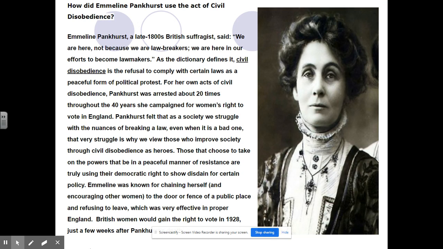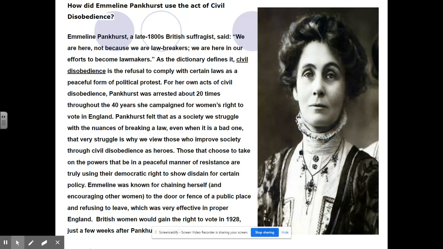As the definition defines it, civil disobedience is the refusal to comply with certain laws as a peaceful form of political protest. For her own acts of civil disobedience, Pankhurst was arrested about 20 times throughout the 40 years she campaigned for women's right to vote in England.